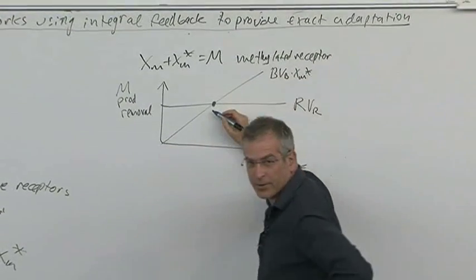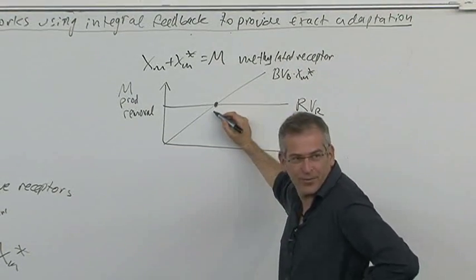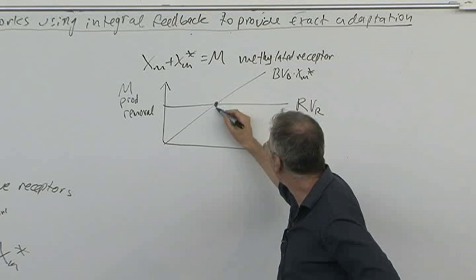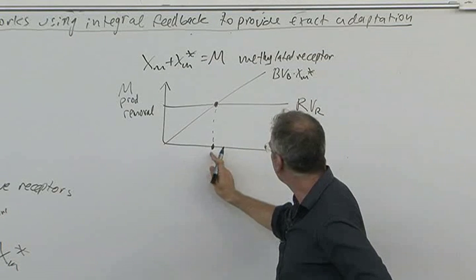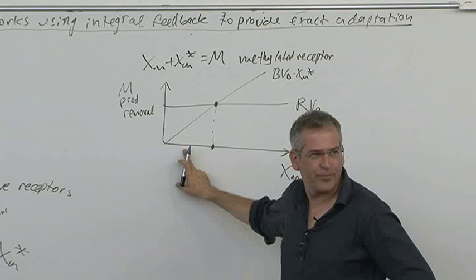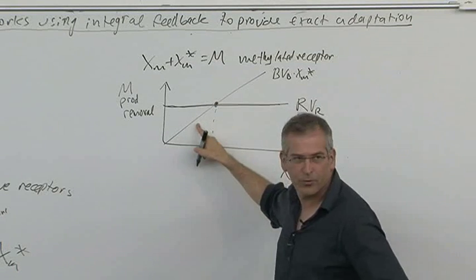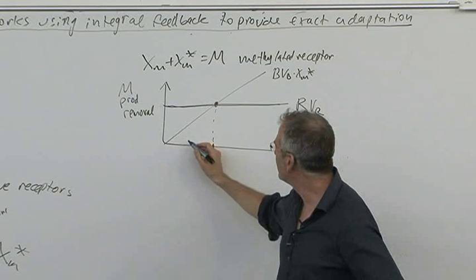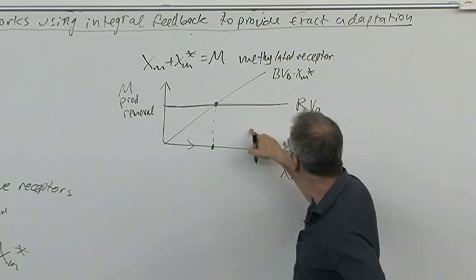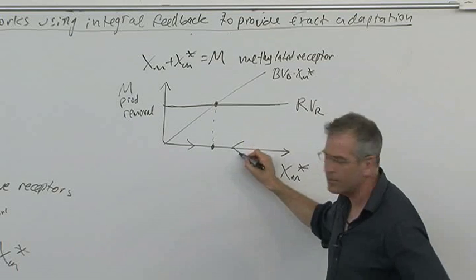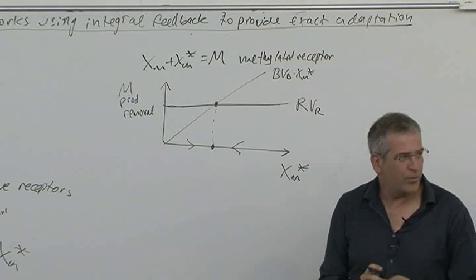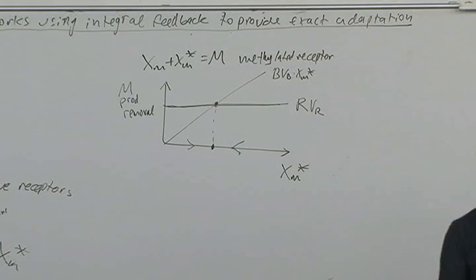There's a fixed point, right? Like we did a long time ago. If we have a little bit less XM star, production is bigger than removal. So the flow is in this direction. And if I am here, removal is bigger than production. The flow is in this direction. So no matter where I start, I'm going to flow to the same fixed point.